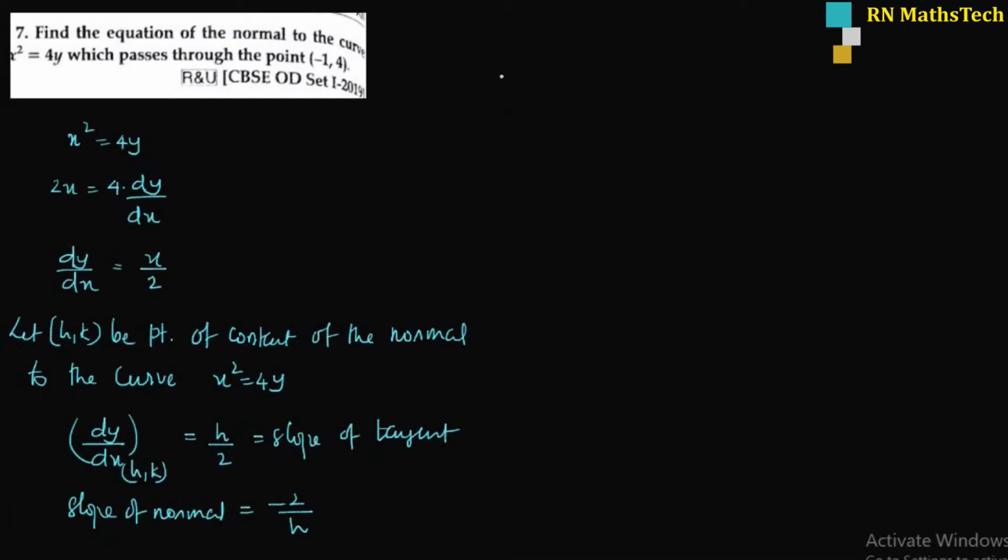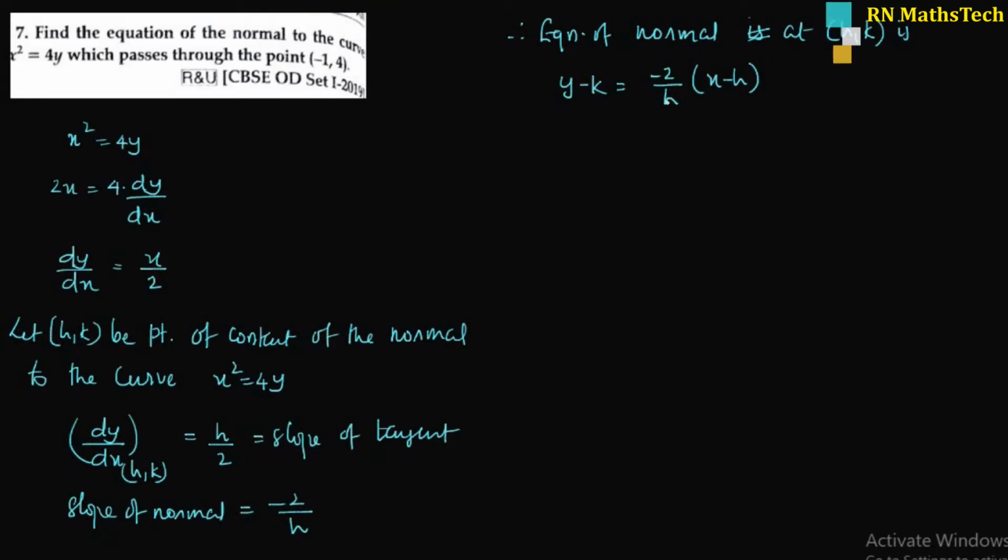Therefore the equation of the normal at the point (h, k) is y − k = (−2/h)(x − h).